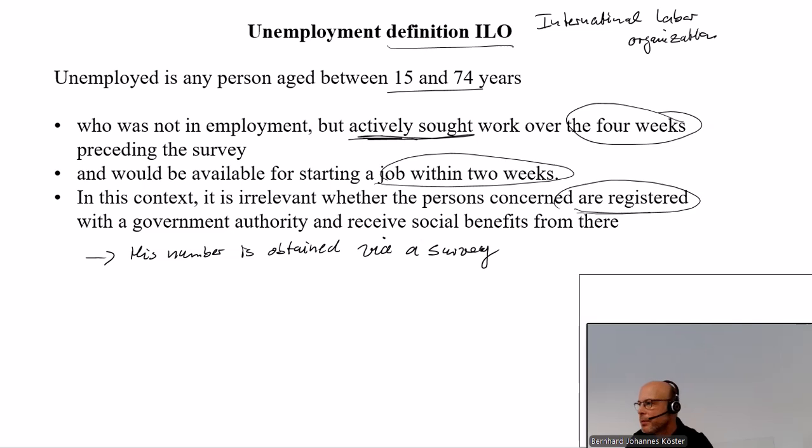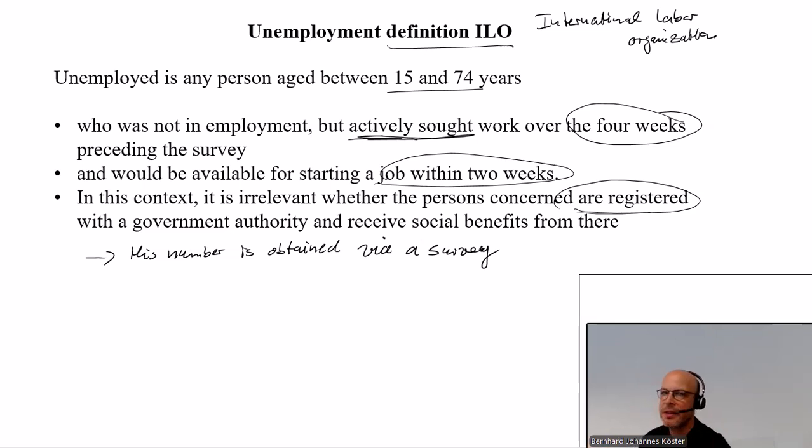And if you want to analyze the social security system in Germany, then of course you would have a look at the official data, because only if you are officially unemployed, then of course you get the subsidies. So for Germany, this ILO number is, due to this survey, a little bit lower than the official number of unemployed people.